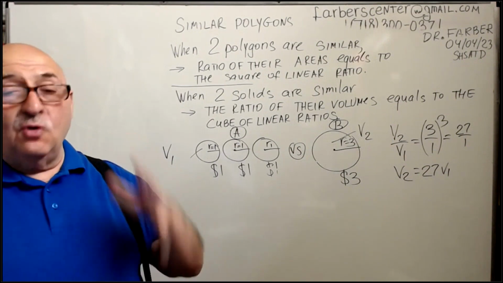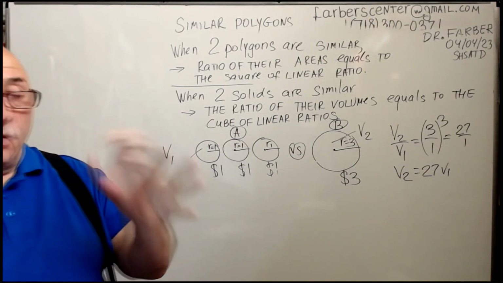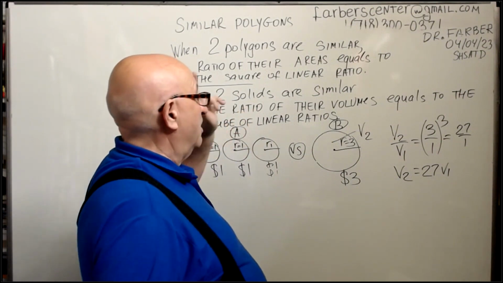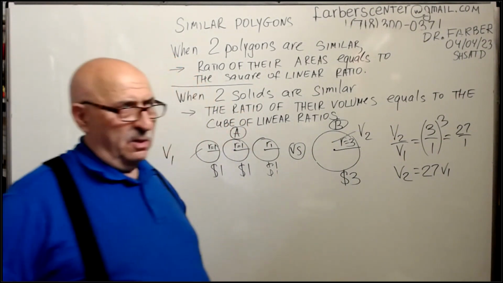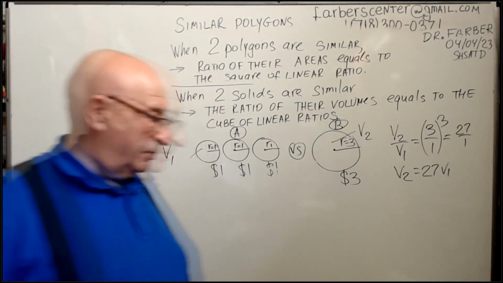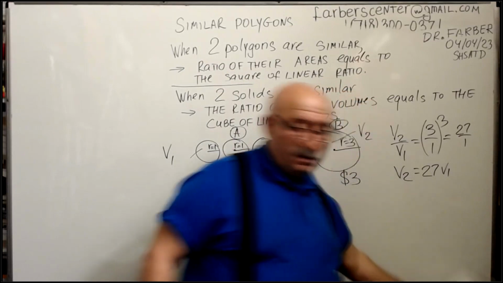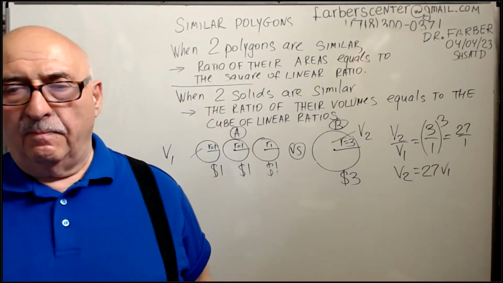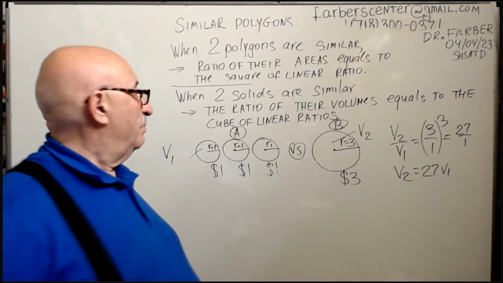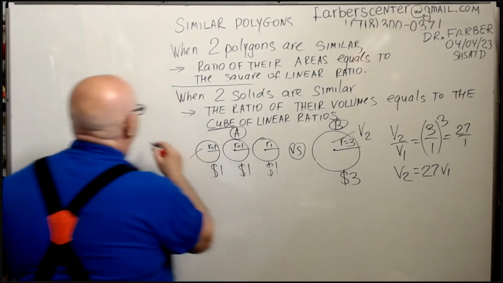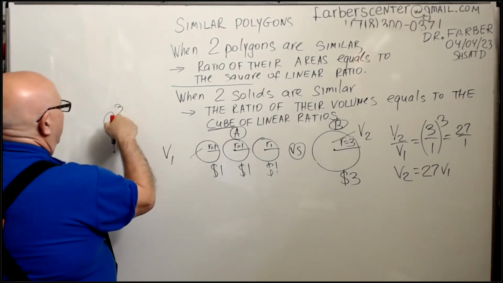Because we use solids, it's supposed to be a cube, the third power. We almost finished. I gave one problem to solve from homework, to see how you understand. Yes. Why did you make it 3 over 1 to the power of 3, not 2? Because this is a cube, third power.